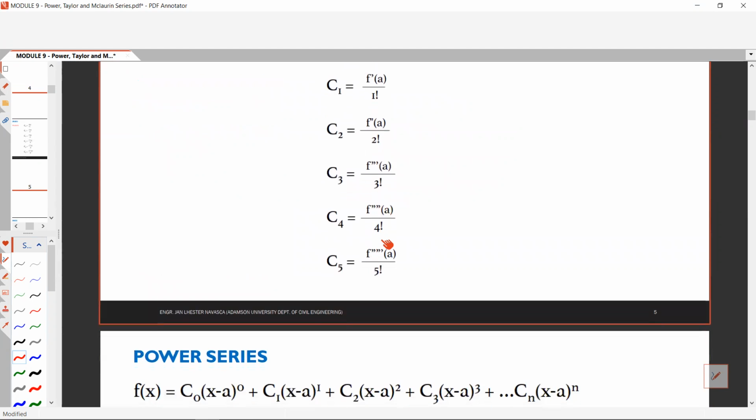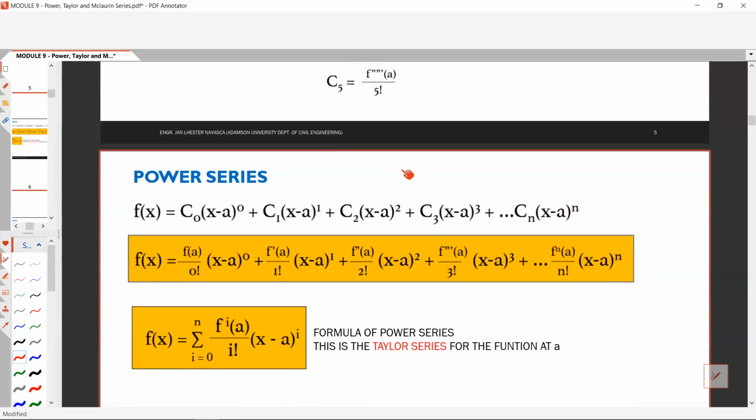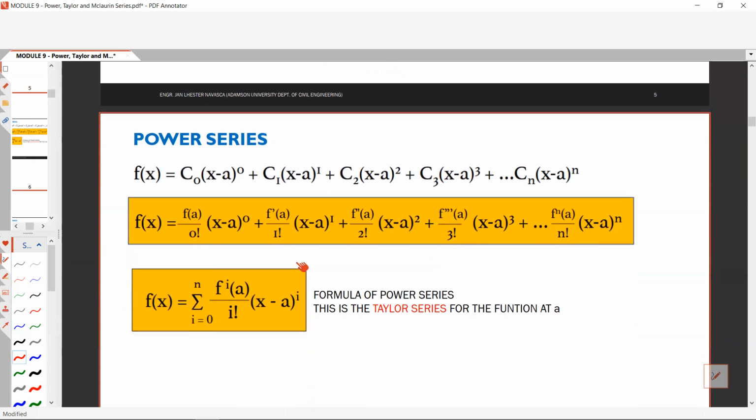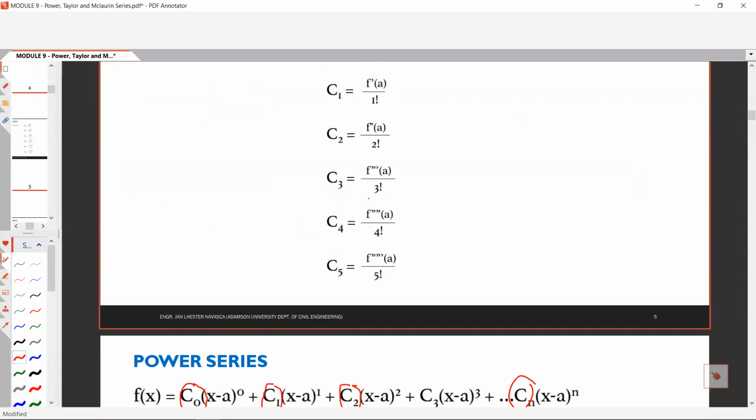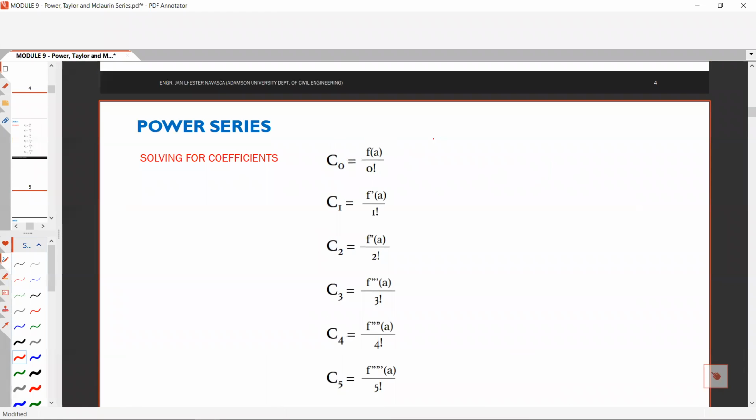Okay, so if we write that in initial notation, f of x is equal to, substitute mo yung value ng c sub 0 na kuha mo, substitute mo yung value ng c sub 1 na nakuha mo, c sub 2 hanggang c sub n. So kung mapapansin natin dito, this one is equal to f prime of a over 1 factorial. Dito naman naging second derivative of a over 2 factorial.